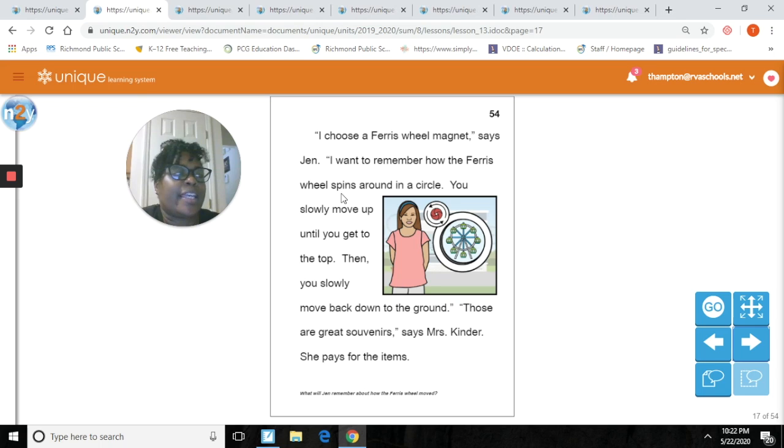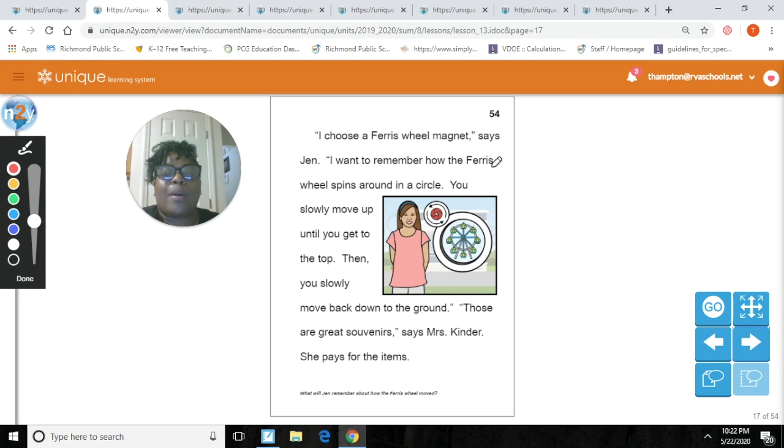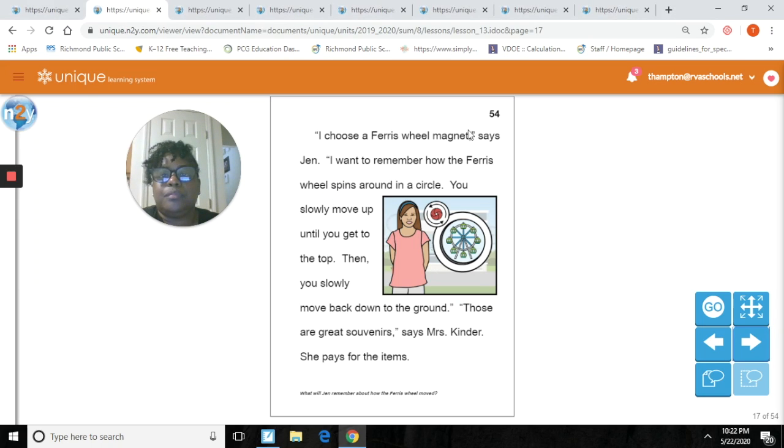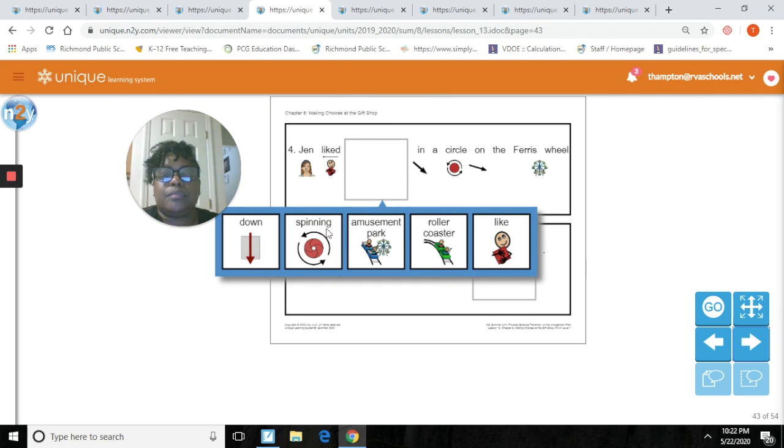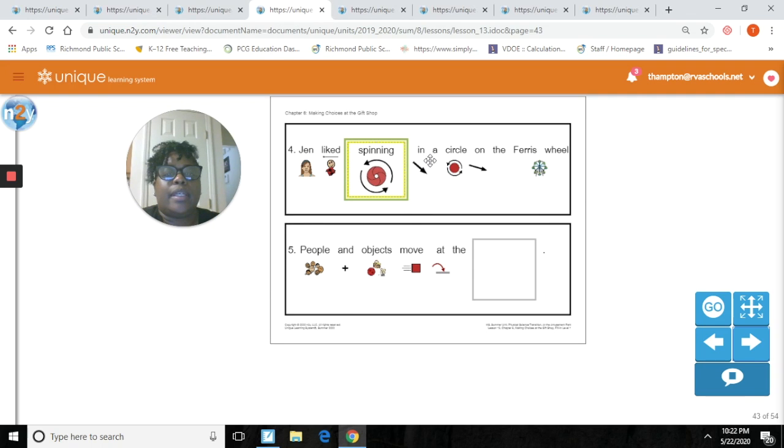Now here we find Jen. And what did she like? She says, I will remember how the Ferris wheel does what? Spins. So Jen likes spinning in a circle on the Ferris wheel.